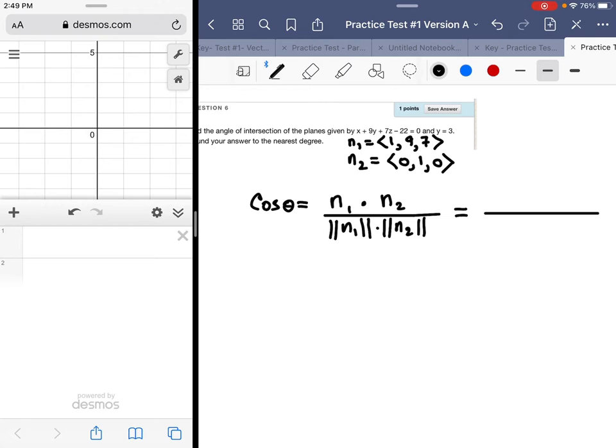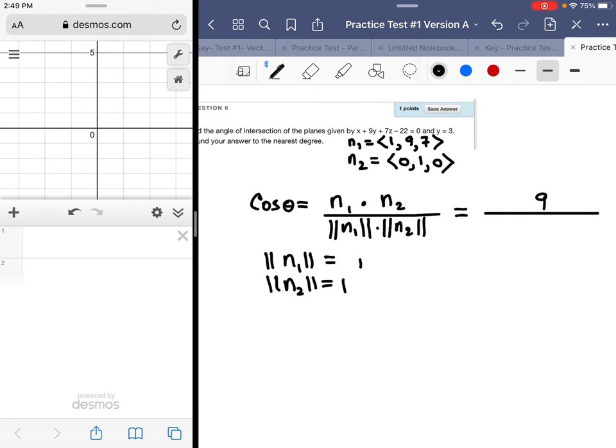The only thing that doesn't zero out is the 9 times 1, which is 9. The magnitude of n1 is the only thing that requires any effort, because the magnitude of n2 is a unit vector, which is just 1.